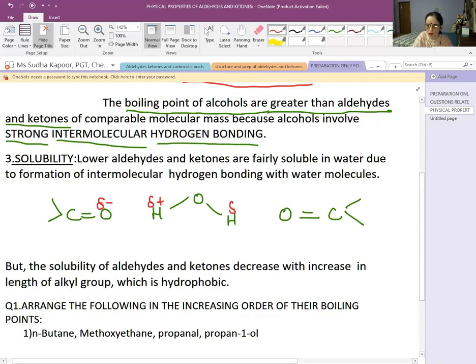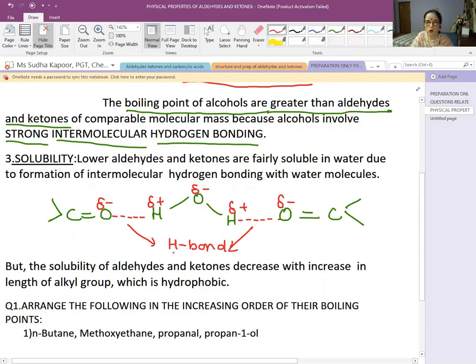There is H bonding between H and O, similarly between O and H, and there is a negative charge on the oxygen. These dots represent the H bond, and due to these H bonds with the water molecule, the carbonyl compounds are soluble in water.